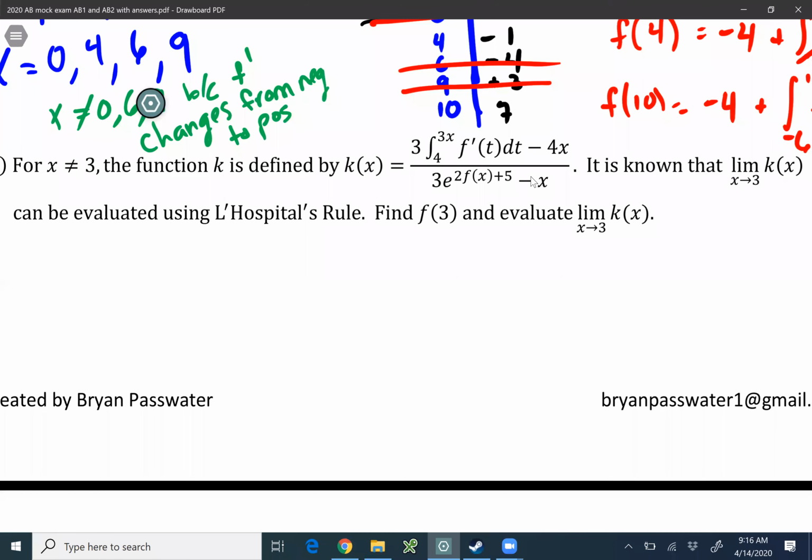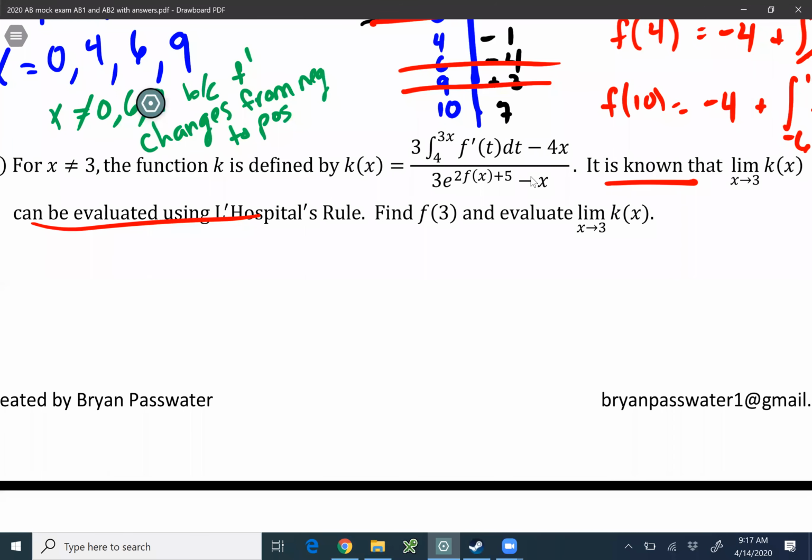So the hint that they give us is it says, it is known that the limit can be evaluated using L'Hopital's rule. Well, what's the condition for L'Hopital's rule? What has to happen for us to use L'Hopital's rule? There has to be a 0 in the denominator.